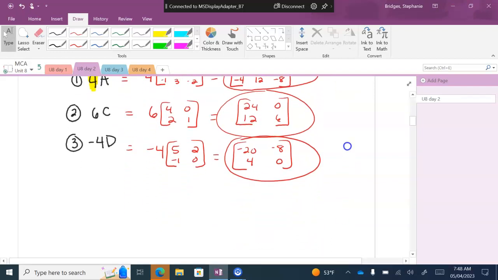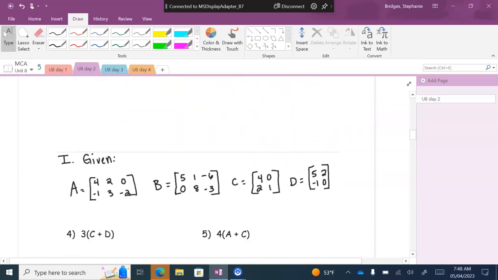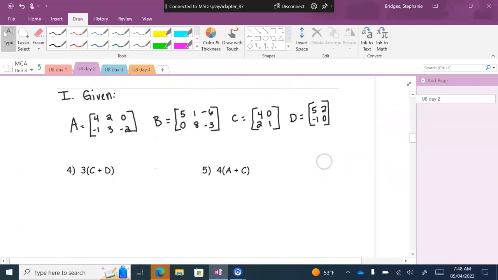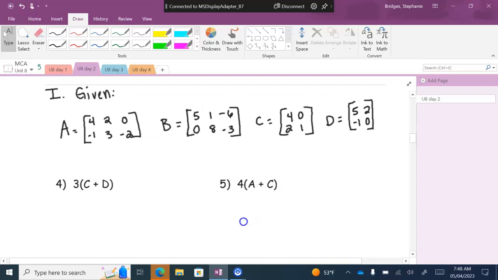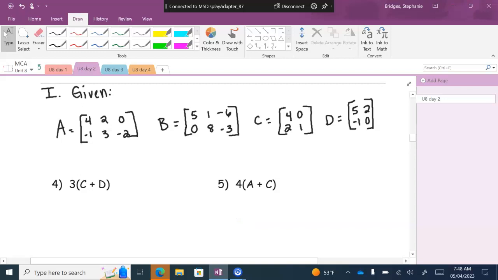All right, let's see what else I got here. Okay, these are the same 4 matrices. I want you to try 4 and 5. So 4 has a 3, and then in parentheses, C plus D. You can either add C and D first, and then multiply by 3, or you can multiply each of them by 3 and then add them.